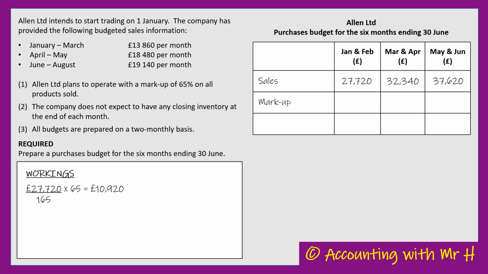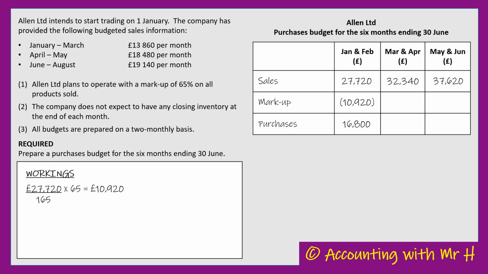So what I'm going to do then, you can see in my workings, I'm going to take the 27,720, divide by 165 and then multiply by 65. And that tells me the markup in January and February is budgeted to be £10,920. I'm going to take that away, and then that gives me the purchases, the budgeted cost of purchases for January and February combined, which is £16,800.